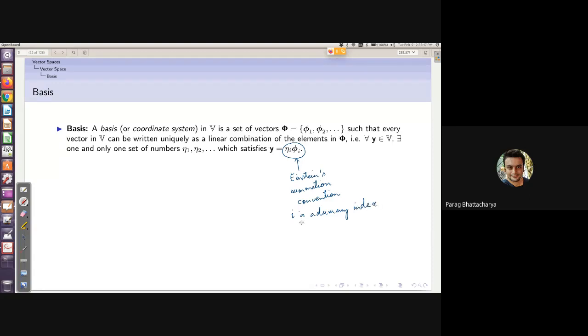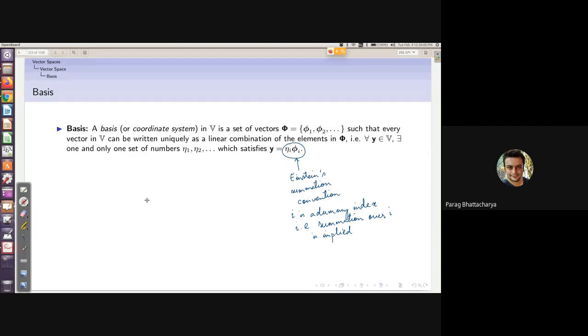So this means the summation over i is implied.